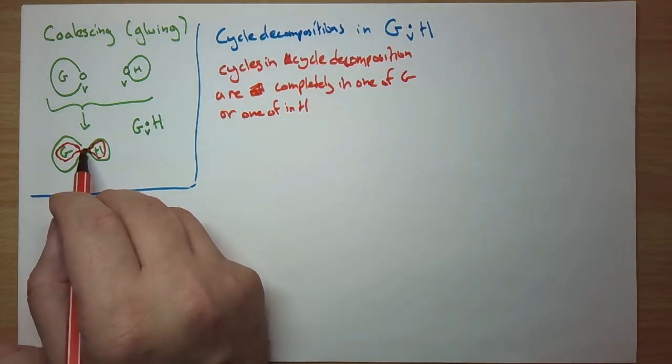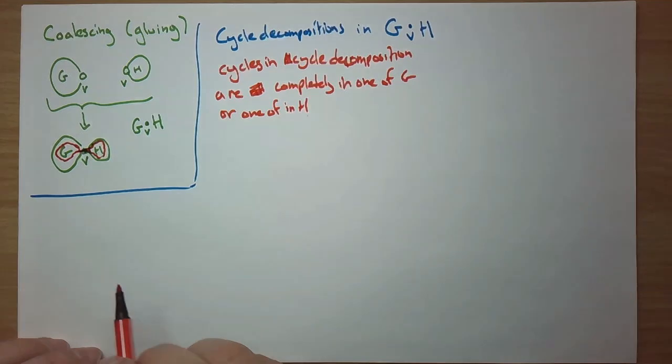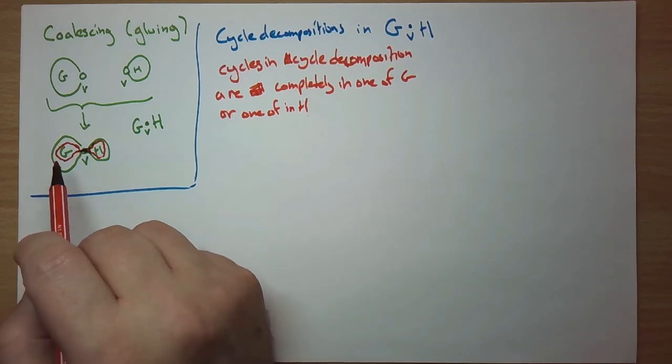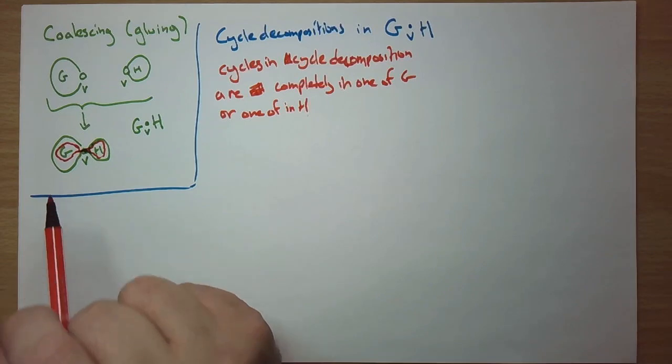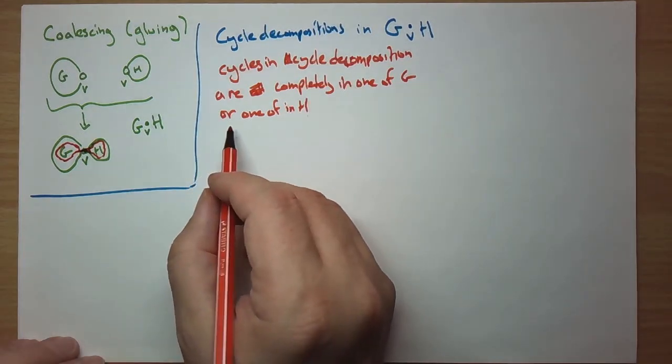You hit that vertex too much. And so what we can do is start thinking about combining cycle decompositions. So we're going to look at a couple of things.